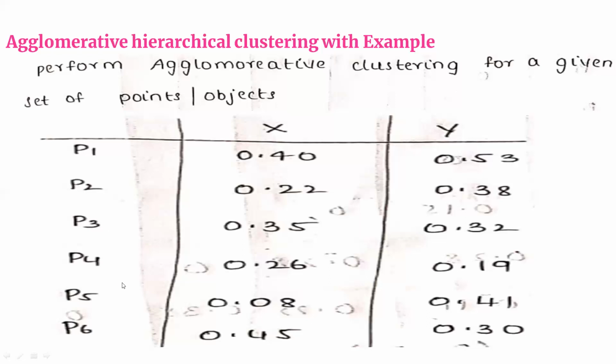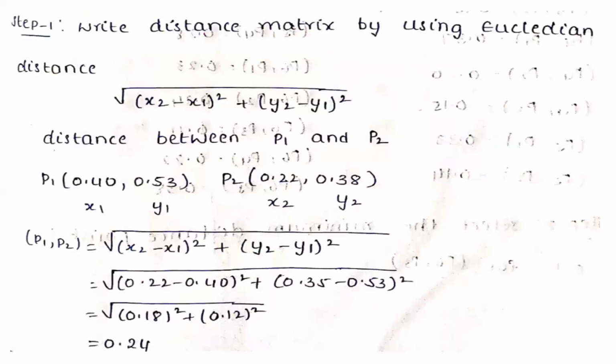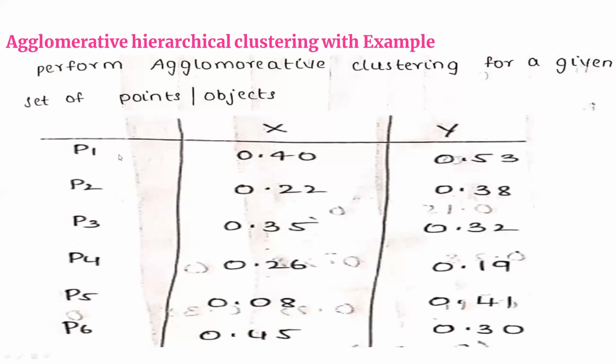How will it do? See, what we have to do initially is calculate the distance between each and every data point in a given data set. Here, if you observe carefully, we have P1, P2, P3, P4, P5 and P6. These are the data points they have given.